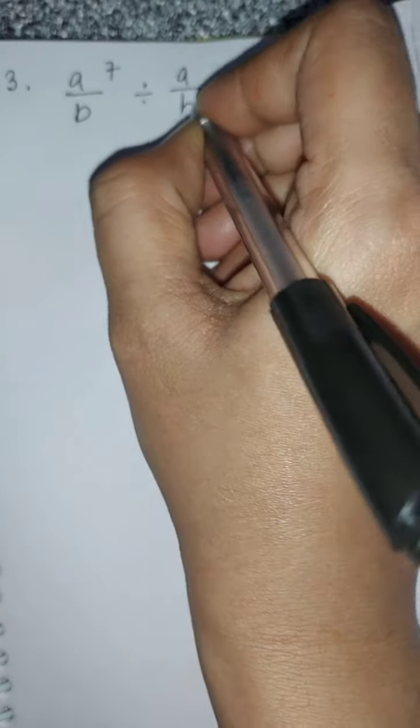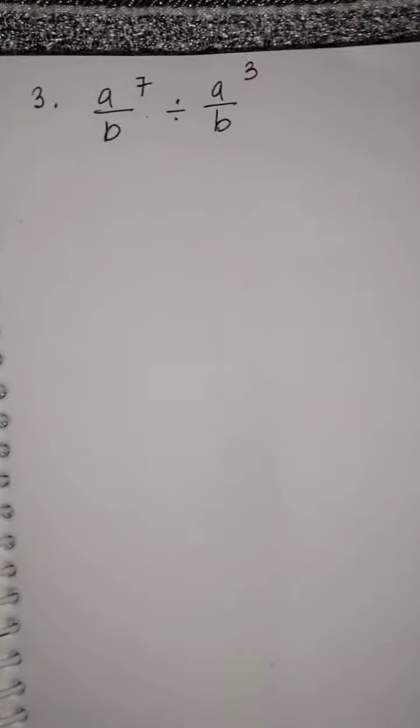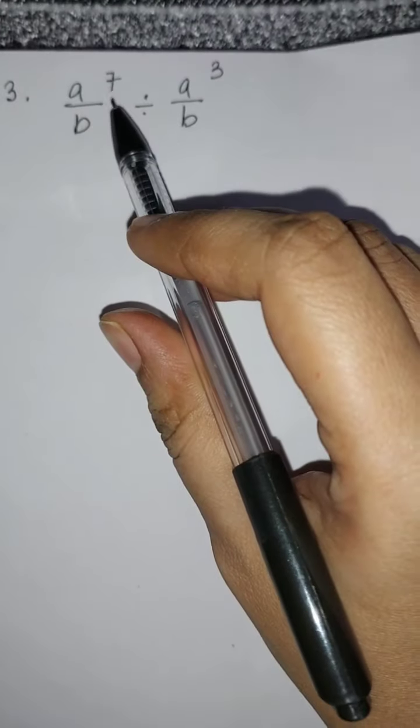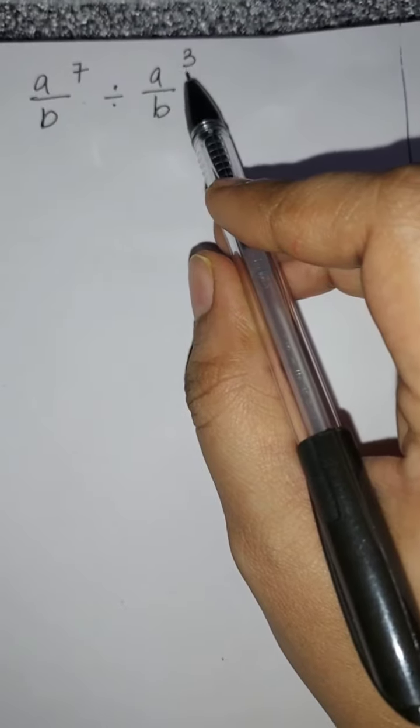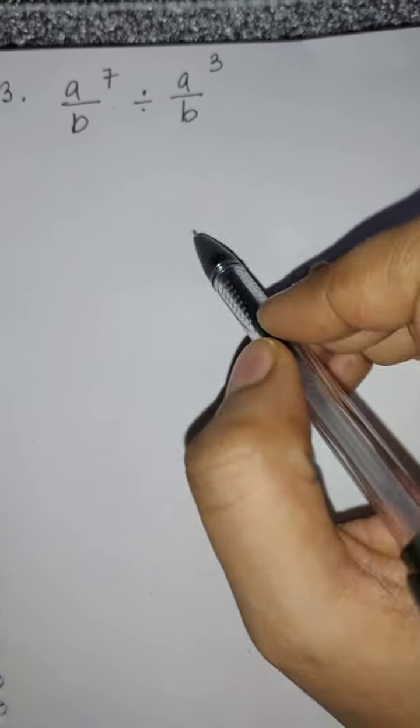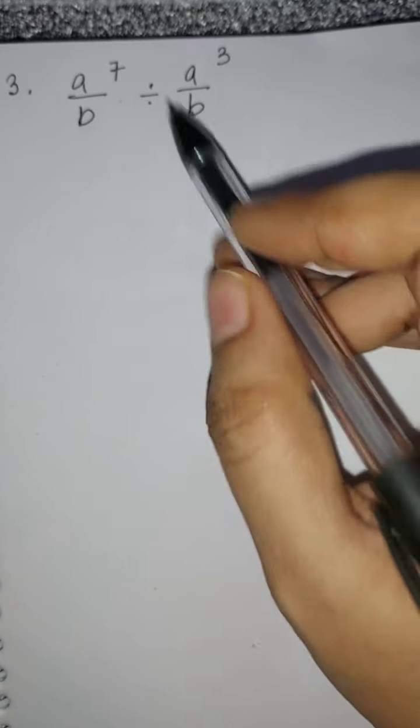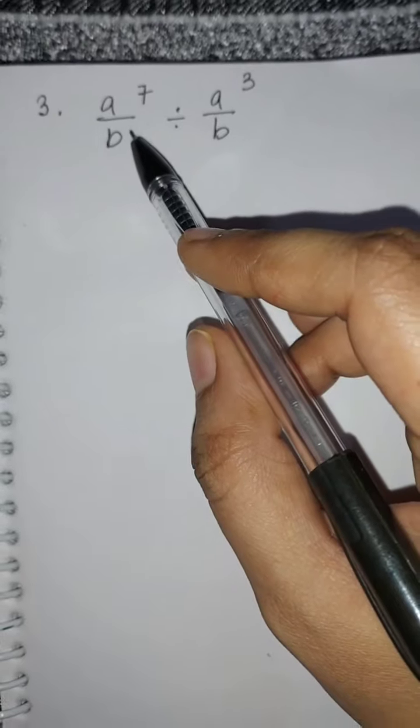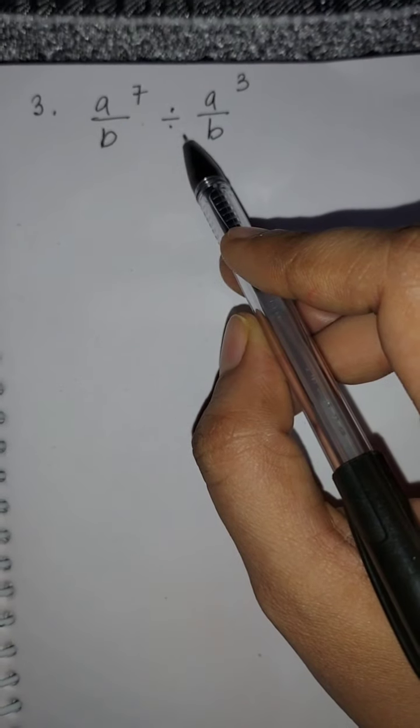When the fractions are in division, what will be the behavior of the exponents or the powers? Suppose we have a fraction a upon b, and this has a power 7, and we have to divide it by the same fraction a upon b with a power 3. When the first power is greater than the second power, remember there are two conditions which I will be explaining in this part. A upon b is one fraction, both fractions are the same.